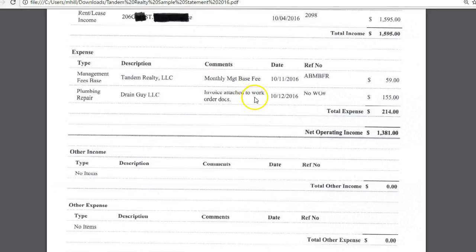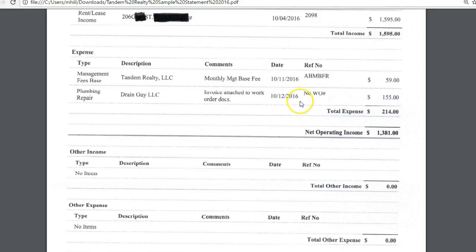Comments. We're now attaching the invoices to the bill, not to the work orders anymore. This is an old statement, but the invoices are going to be attached to the bill that you see online. You'll want to click on attachments to the bill, not show invoice, because the invoice that's generated on there is a generic software generated invoice.